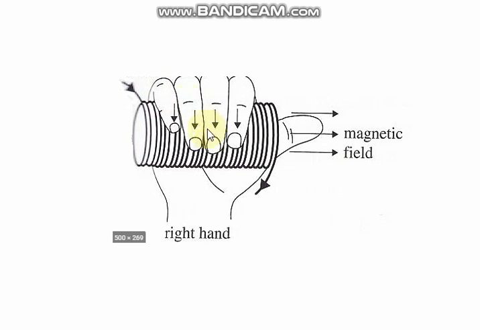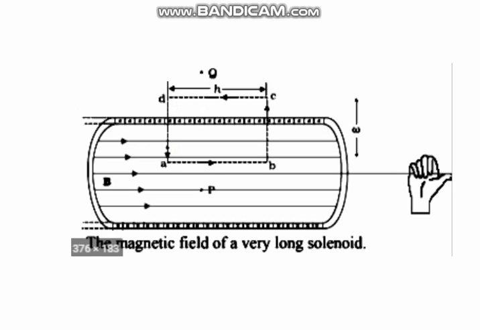So this is a solenoid, a long wire wound in the form of a spring, and we want to determine the magnetic field due to this current carrying solenoid with the help of Ampere's law.